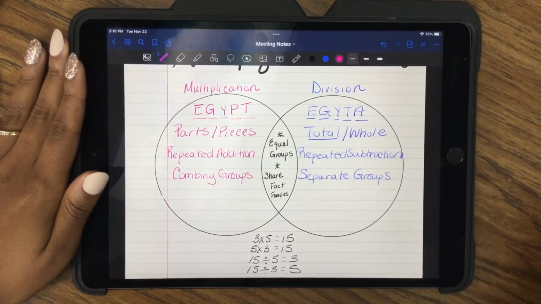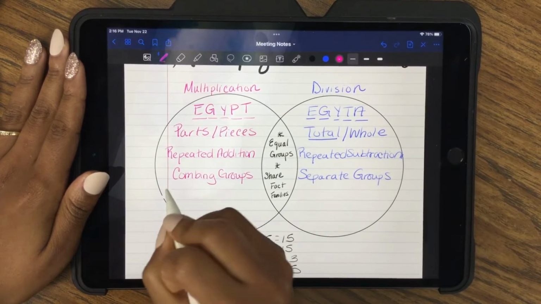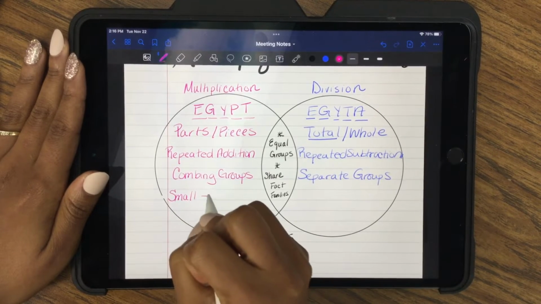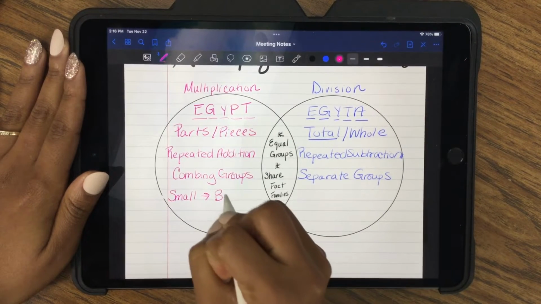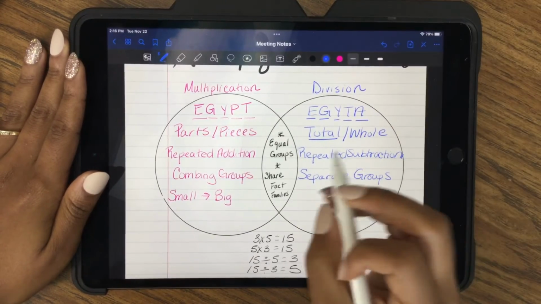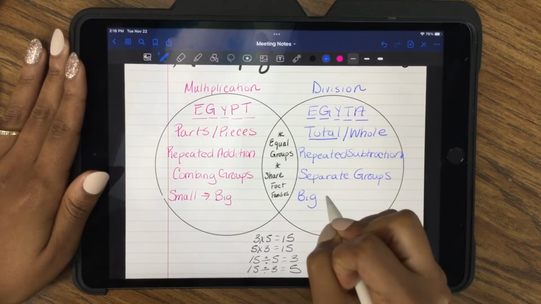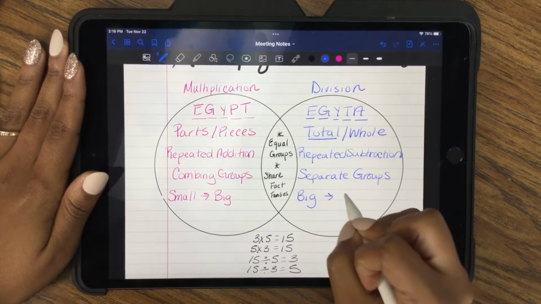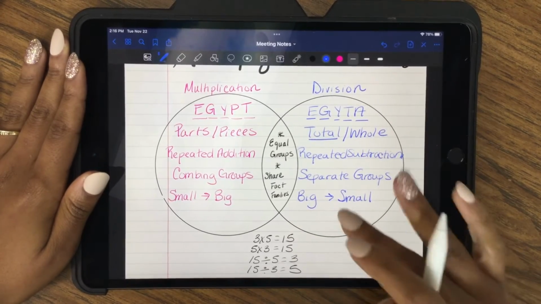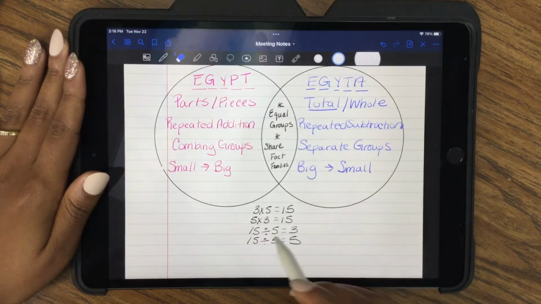For multiplication, since we're starting with parts and pieces, you'll notice that our numbers start smaller and they get bigger. For division, we're starting with our total, so the numbers start as a big number and then we get a small number.